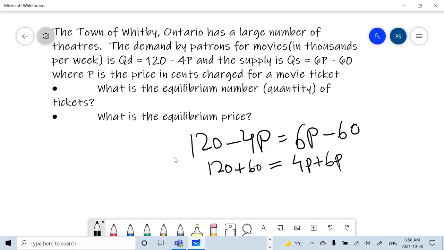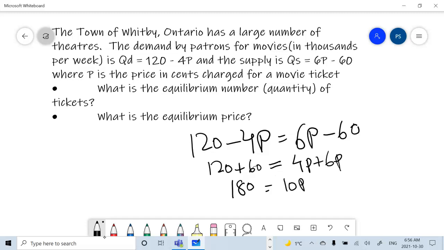So you got 120 plus 60, that will come to 180 equals 4 plus 6 equals 10, and that's 10P.